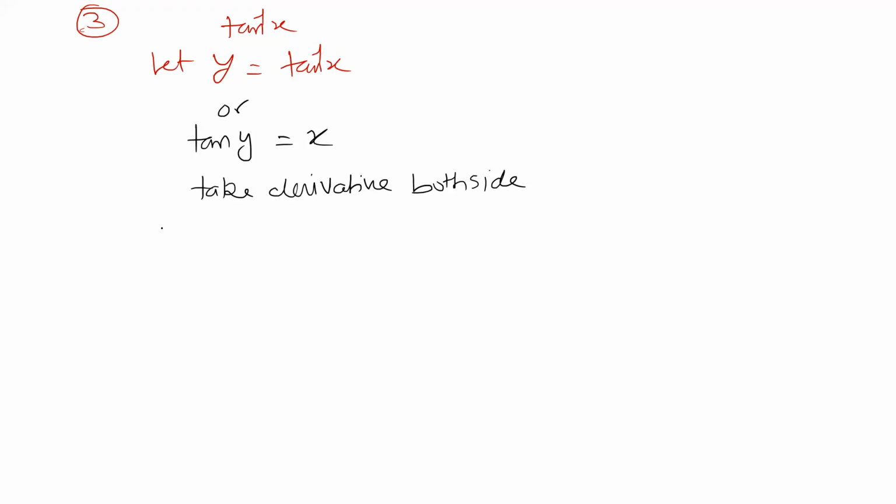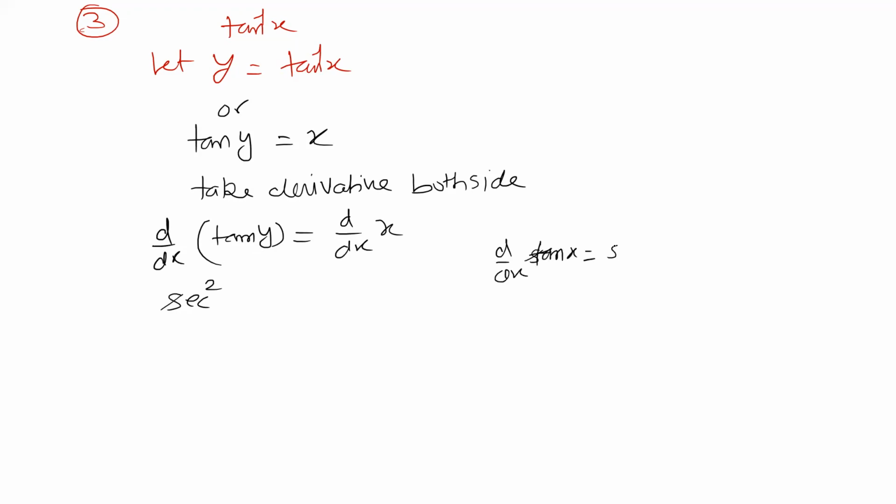Then what need to do? The derivative of tan y is equal to, okay, just apply the chain rule. What is the derivative of tan? Like the derivative of tan x is sec square x. But here the variable is y, so you will write sec square y.